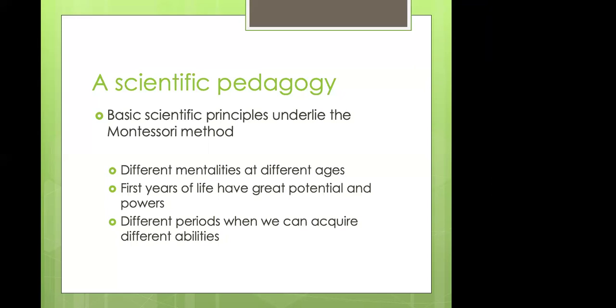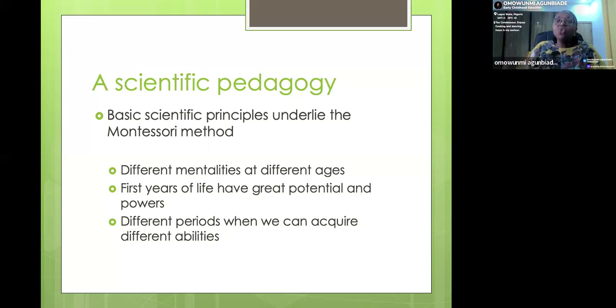We want to ensure that we do not miss those golden windows, so that when children are in the sensitive period for language, they have enough activities to refine that skill. When they are in the sensitive period for movement, there's enough activity to refine that skill. It is absolutely important for us to note that.